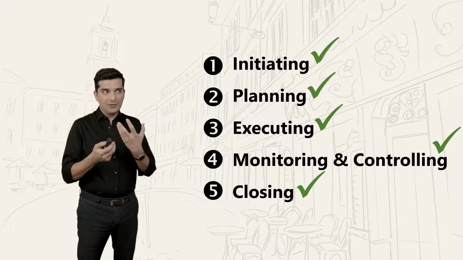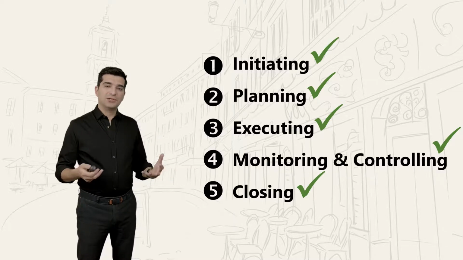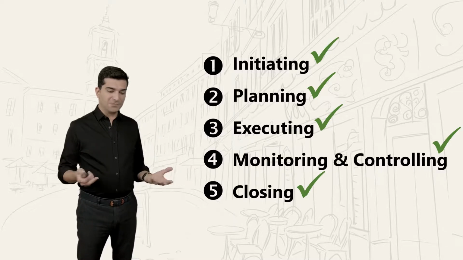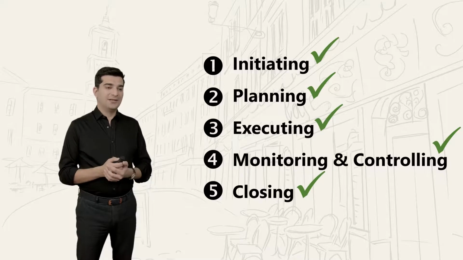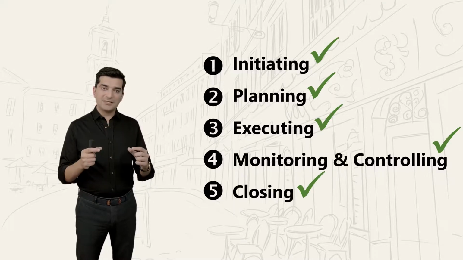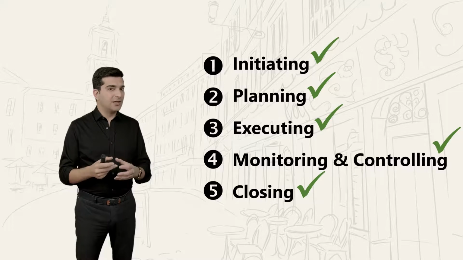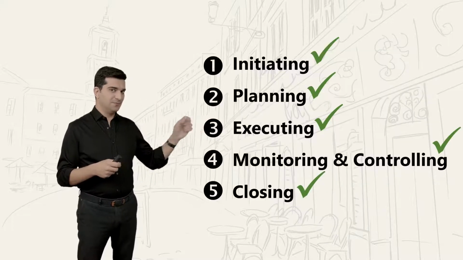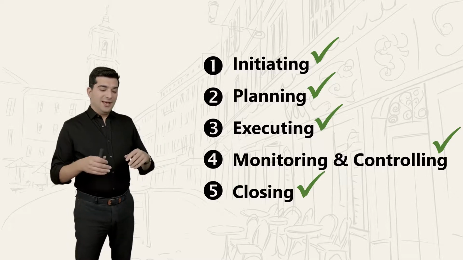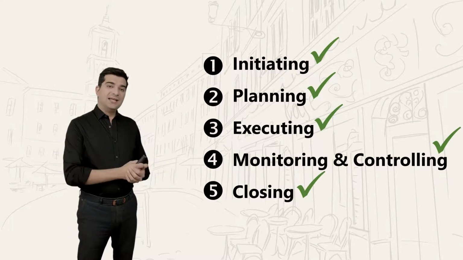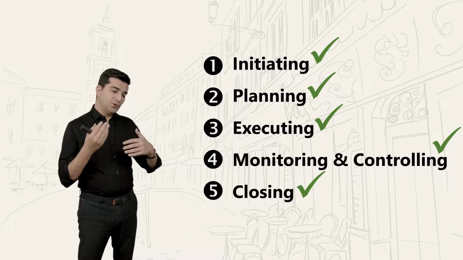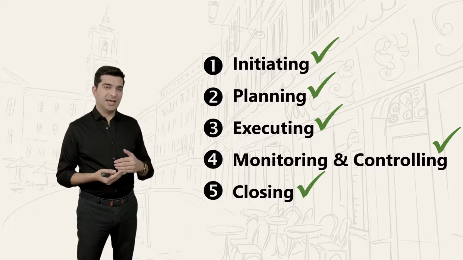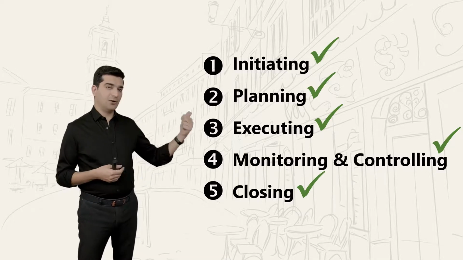You saw how it sees the project, what's our overall perspective to the project, and you learned the concept of processes and the way they are organized based on knowledge areas and process groups. Now, we are done with this section, and in the next section we will go through everything with a little more detail, and we will do that based on our process groups.